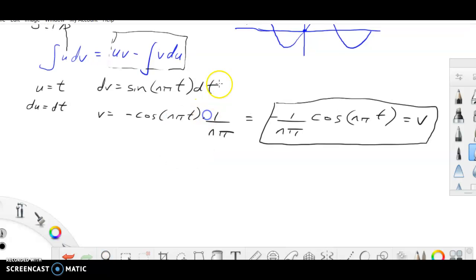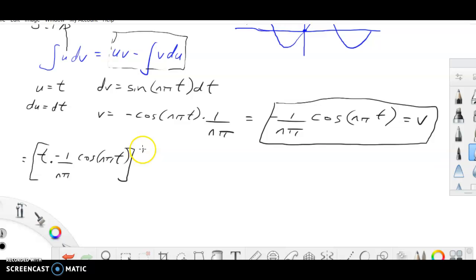Now, doing what's in the box here, uv, well, u is just going to be t, and v is this here, so it's going to be multiplied, the dot means multiplied by minus 1 over n pi times cos n pi t. That's our v. Now the limits will have to be applied to that.